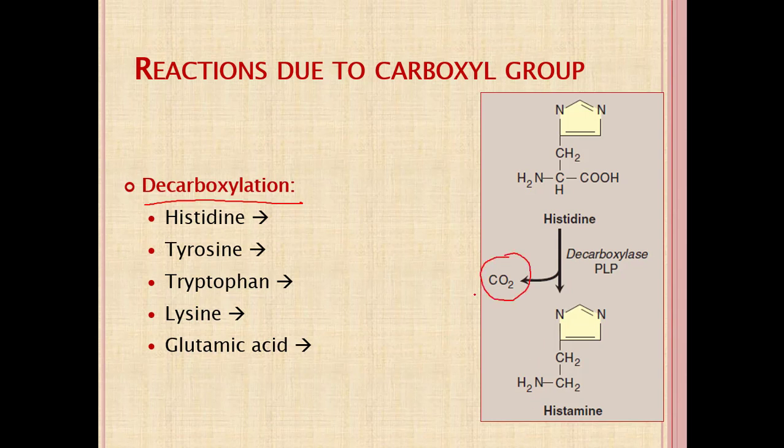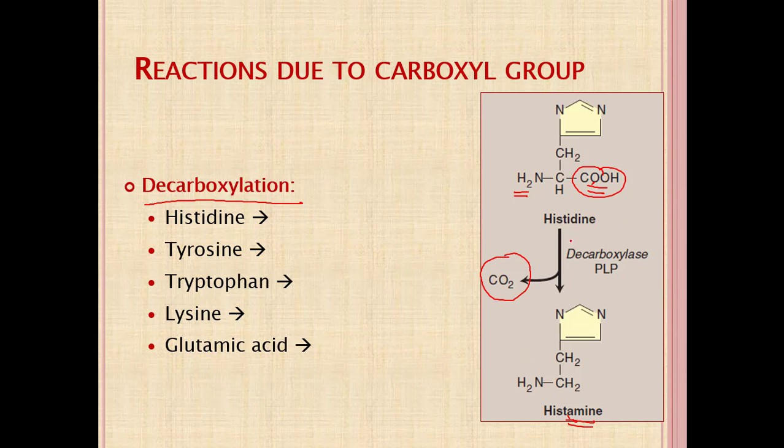The carboxyl group is removed in the form of carbon dioxide, and the amino acid is converted into the respective amine, because an amino acid contains two main groups: a carboxyl group and an amino group. The carboxyl group is removed, now only the amino group is present. That's why it is known as an amine. Okay, histamine. So by that, various amino acids are converted into the respective amines.